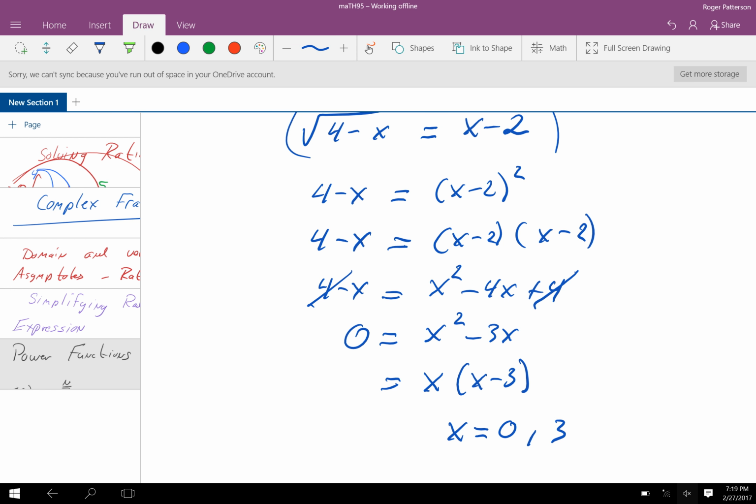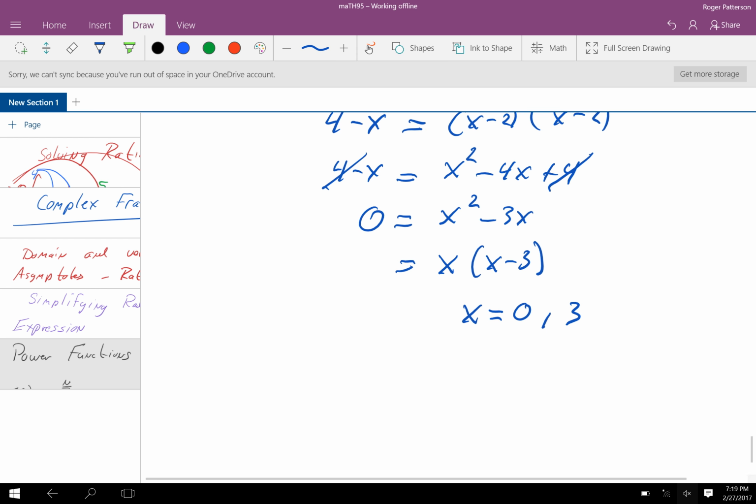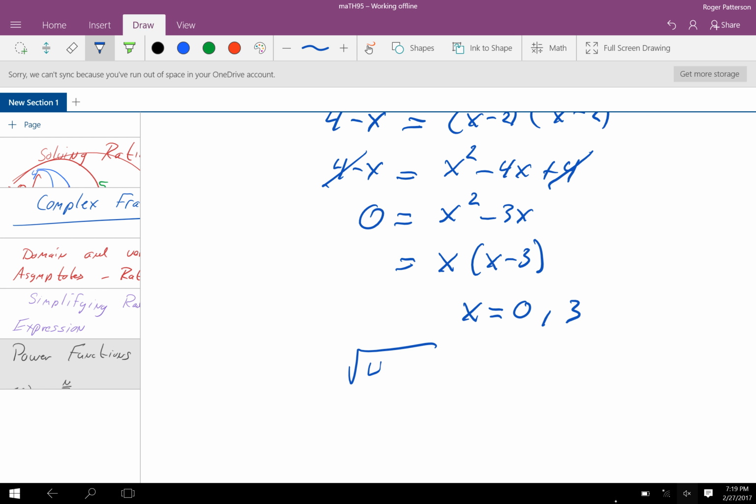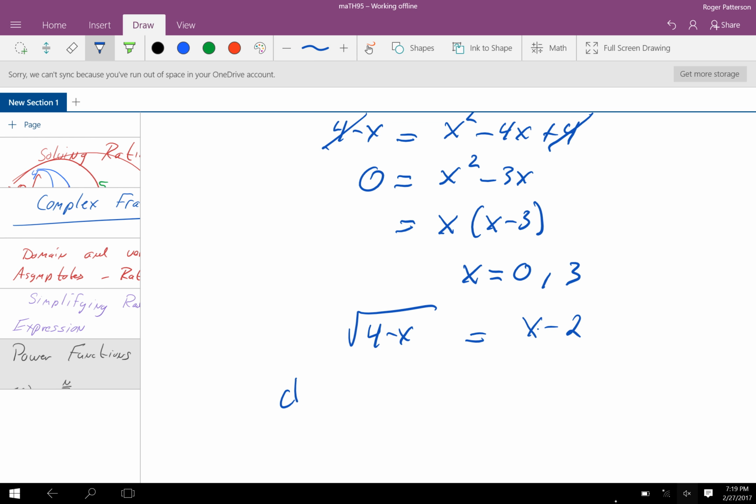0 doesn't work. Why isn't 0 working? Because 0 minus 2 is negative 2, and the square root of 4 is 2. So if we check 0, that's 2, and 0 minus 2 is, yep.